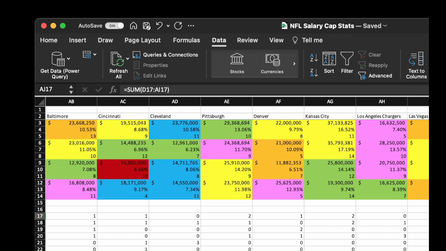43 times the highest paid player was a quarterback for a team, which was 33.59%. 23 times, or 17.97% of the time, it was a defensive lineman. 18 times, or 14.06%, an offensive lineman. 16 times, or 12.5% of the time, a linebacker. 16 times, or 12.5%, a wide receiver slash tight end.